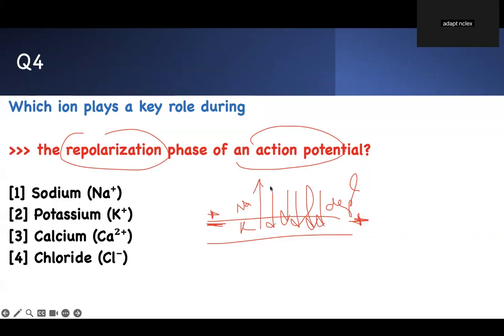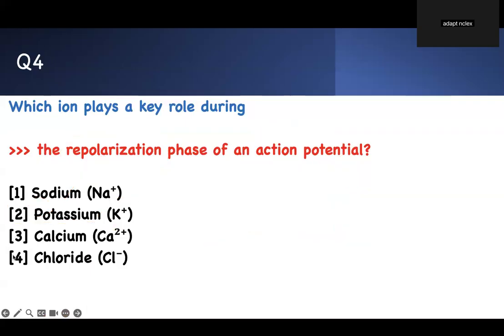There is an efflux of potassium as it moves out to allow repolarization so that the cells become neutral again. So repolarization is by potassium and depolarization is by sodium. So this question is asking about repolarization. So that's number two. This is how you can understand the content related to that.